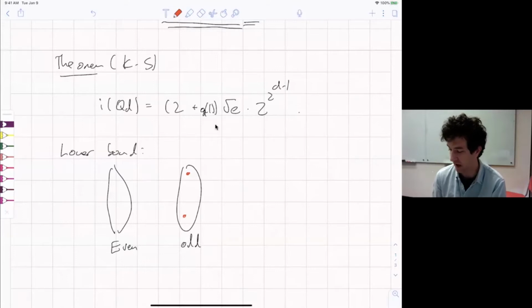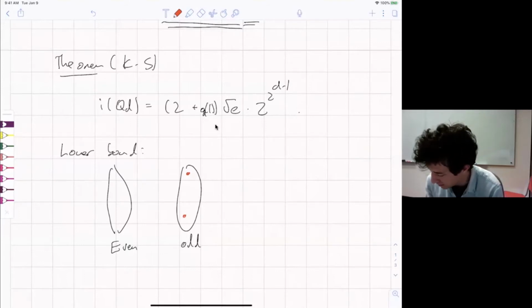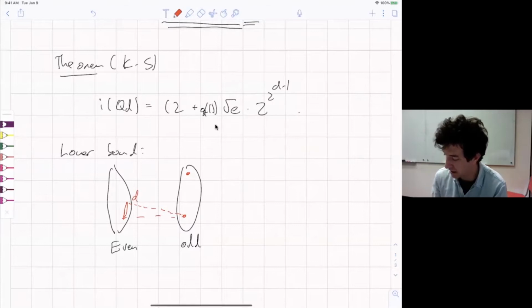Then we can count how many independent sets there are with this pattern of defects on the odd side. And what happens here? This vertex blocks d neighbors, and this vertex blocks d neighbors.